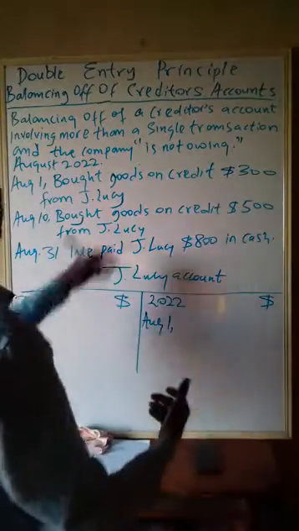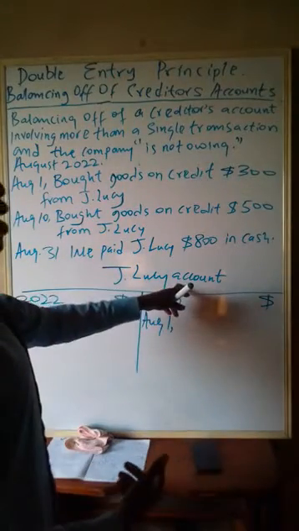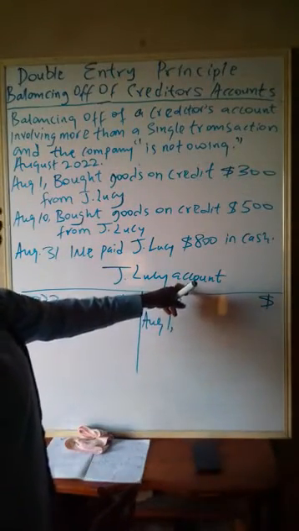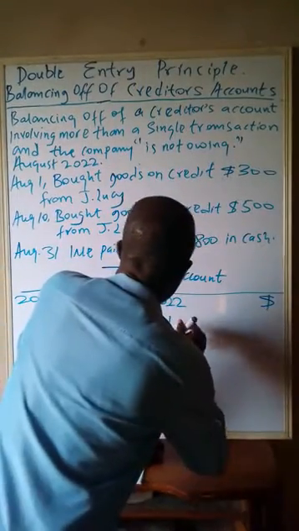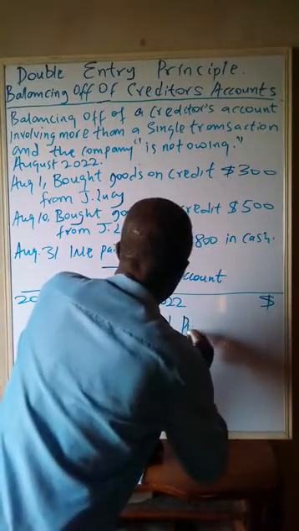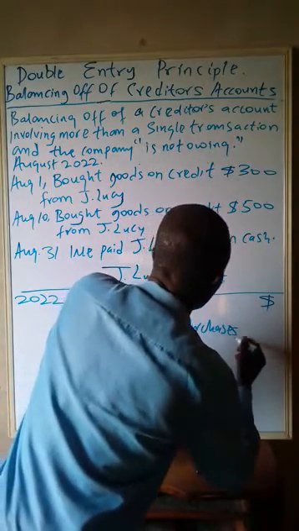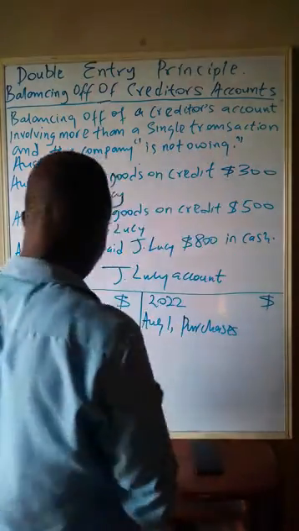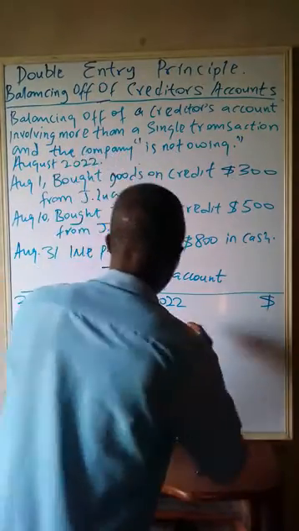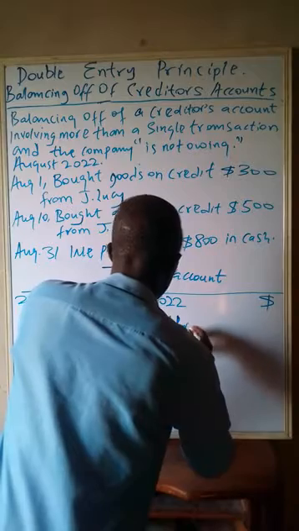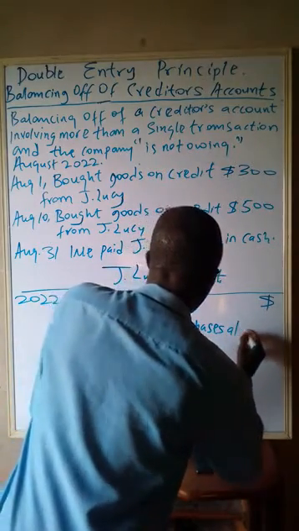And I said when you hear goods, it involves the purchases account and the supplier's account. And this supplier's account is J. Lucy. J. Lucy bought goods. That is the corresponding entry of the purchases account.